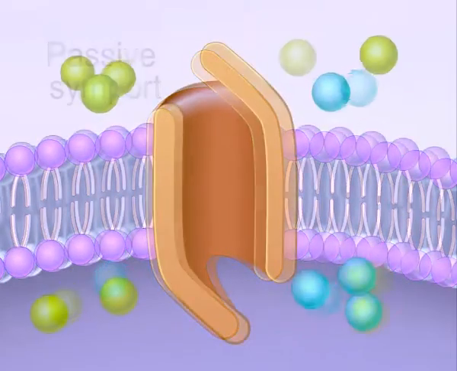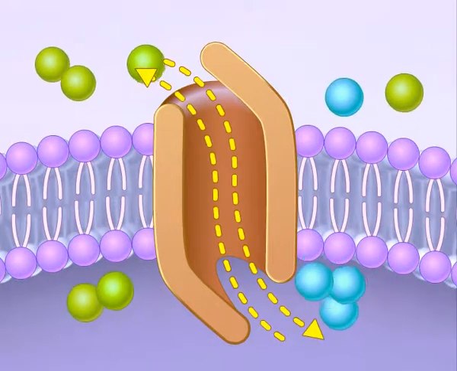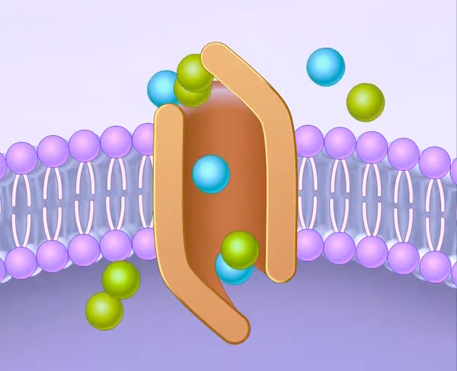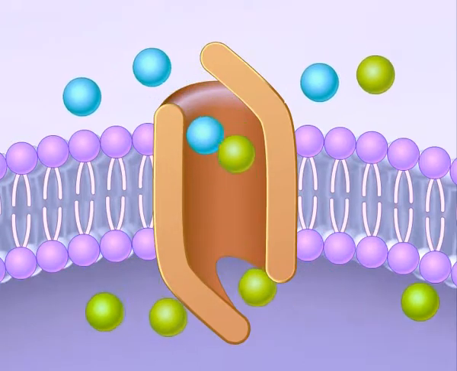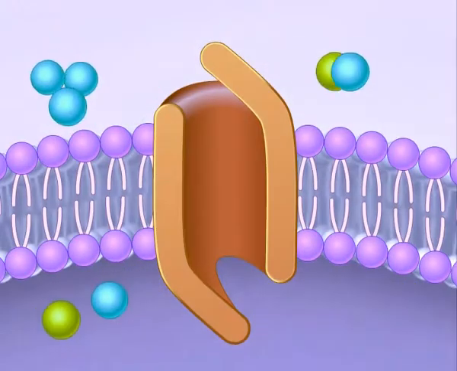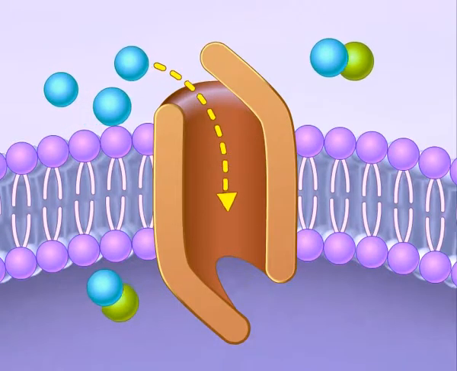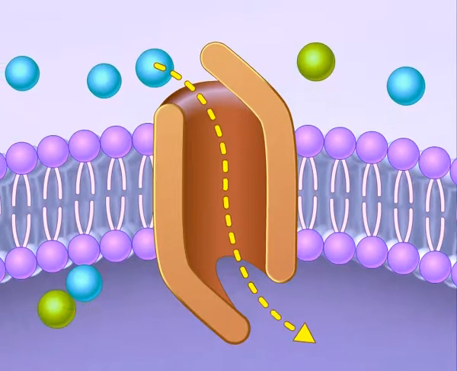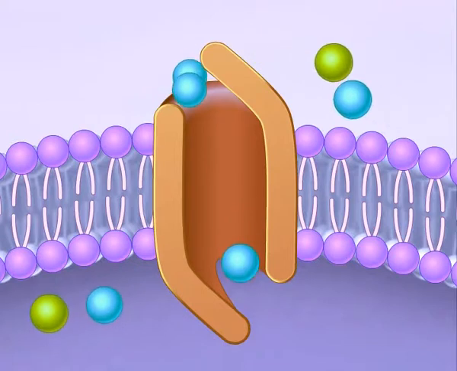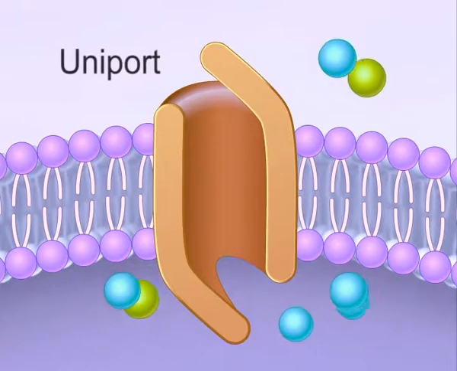They also studied some carrier proteins transporting two types of molecules together in opposite directions and named the process as passive antiport. They observed a third type. Here, molecules were moving across the membrane independent of other molecules. Such lonely molecular movement was given the name uniport.